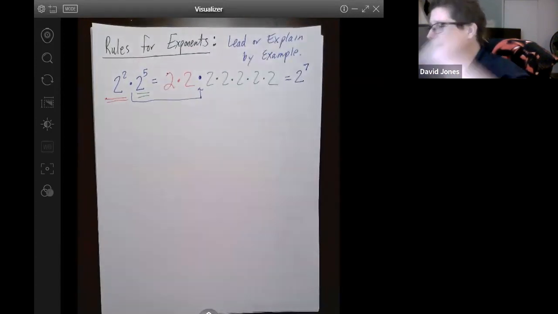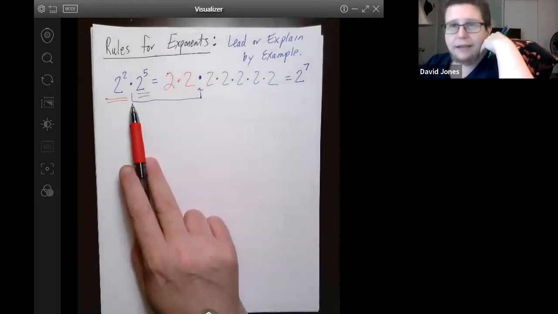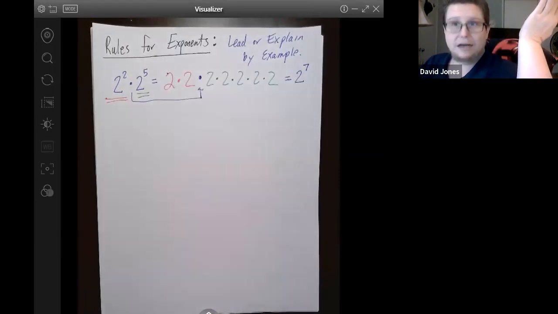And if you notice, is there any relationship between the exponents I started with and the exponents I ended with? Right, there is. I hope everyone recognizes it. 2 plus 5 equals 7.